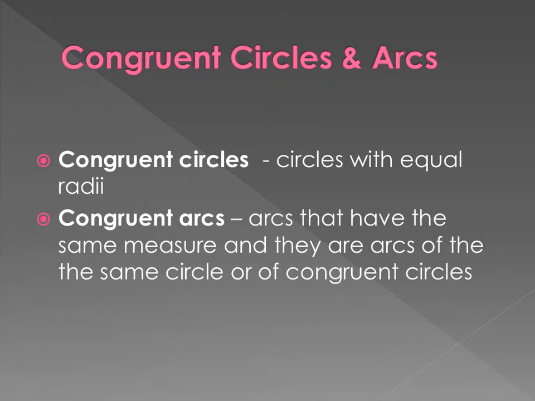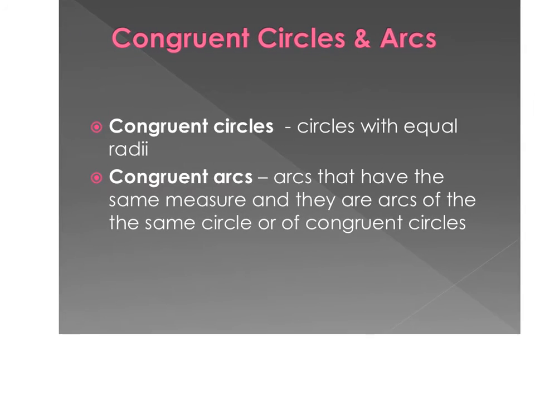Congruent circles and arcs. Again, we saw yesterday, congruent circles are circles with equal radii. Congruent arcs are arcs that have the same measure, and they are arcs of the same circle or of a congruent circle.